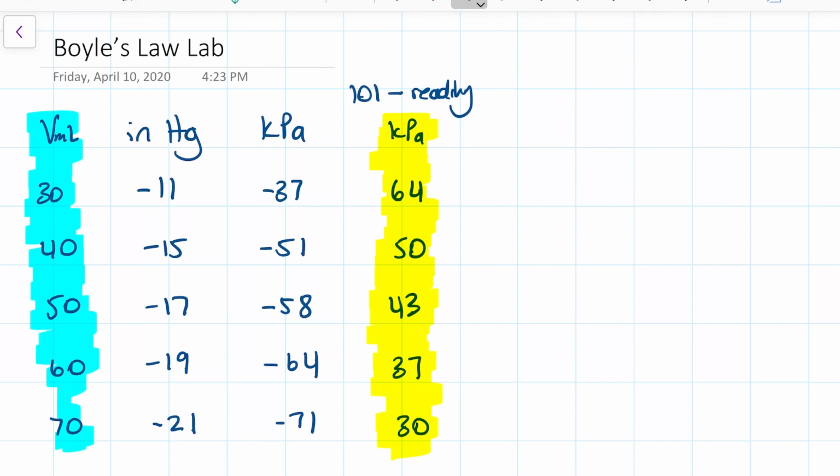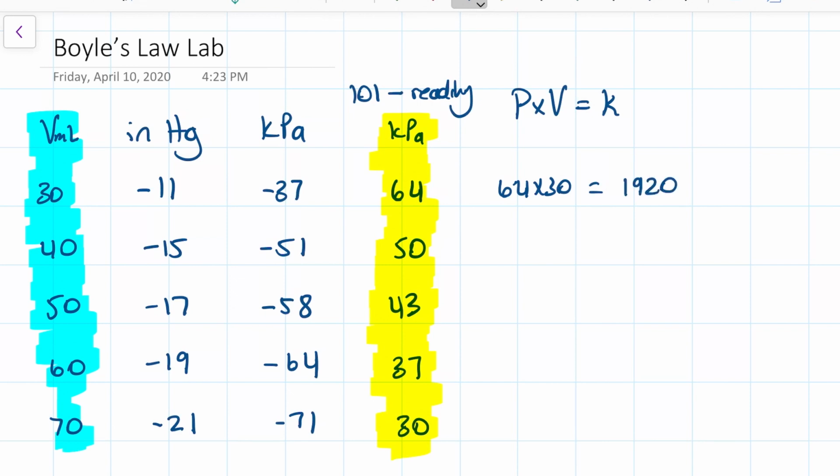Now, yesterday I taught you that P1V1 should equal P2V2 should equal P3V3 should equal P4V4. That means if I multiply pressure times volume, I should get a constant, and in science we often call our constant K. So in this one, if I say 64 times 30, I get a constant of 1920.